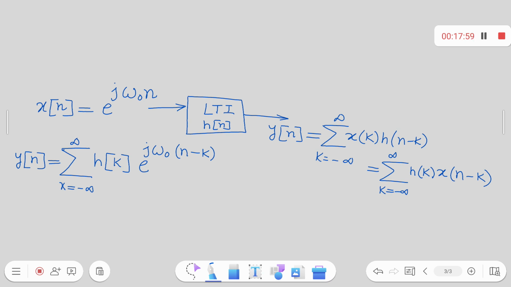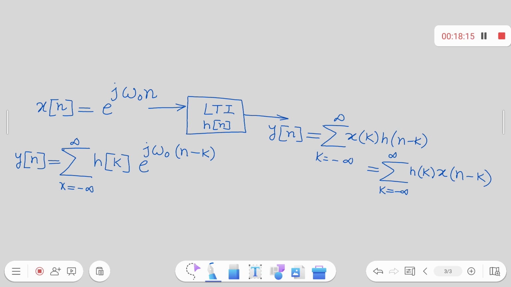Okay. Any doubt up to this? Anybody having any doubt? Same formula, h of k, e to the power j omega naught times n minus k, and the summation is over k.